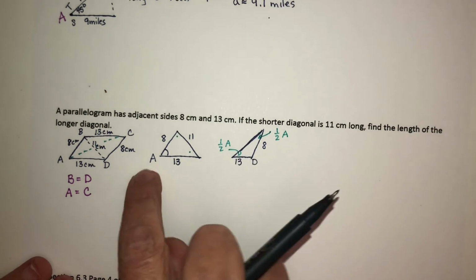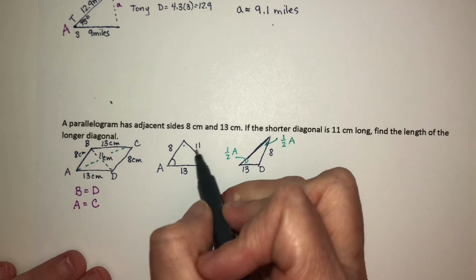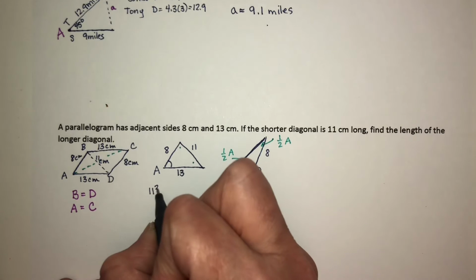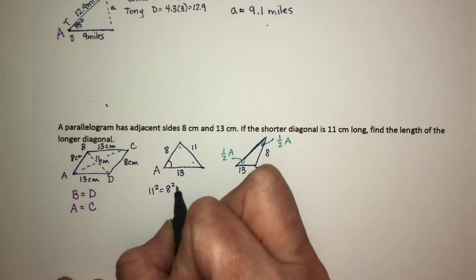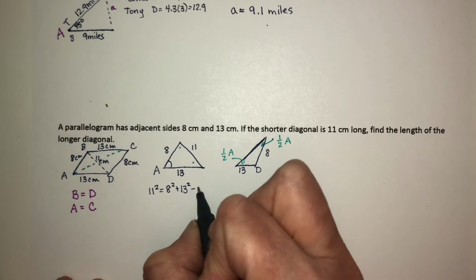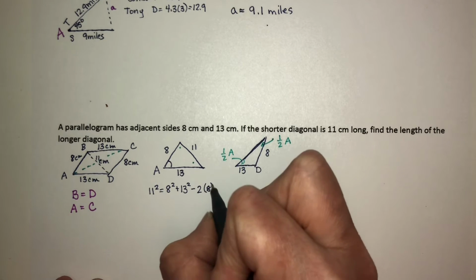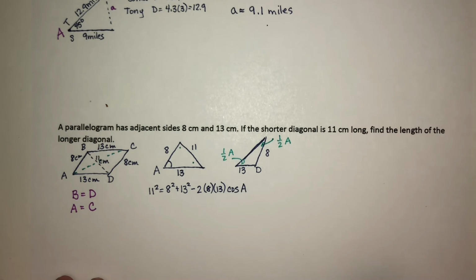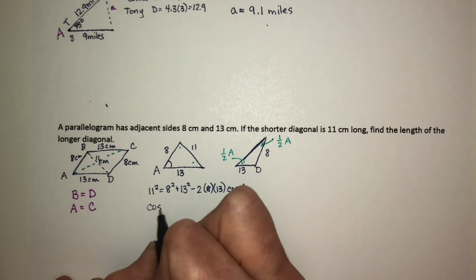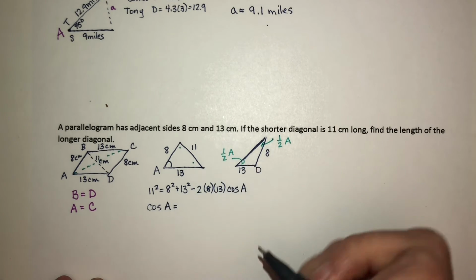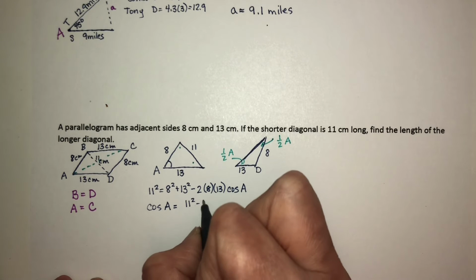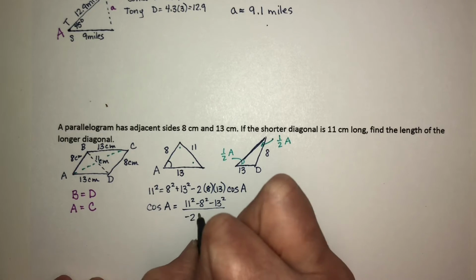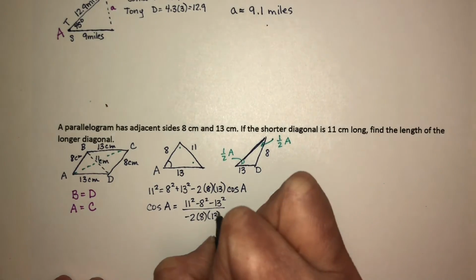Okay, so let's find angle A. I do that by starting off with 11 squared is equal to 8 squared plus 13 squared minus 2 times 8 times 13 times cosine of angle A. So cosine of A is equal to 11 squared minus 8 squared minus 13 squared over negative 2 times 8 times 13.